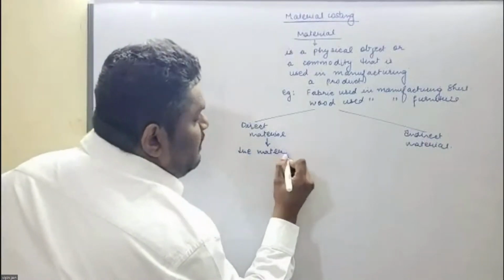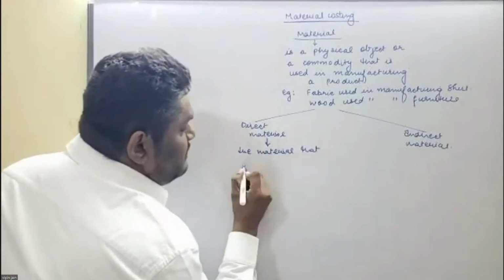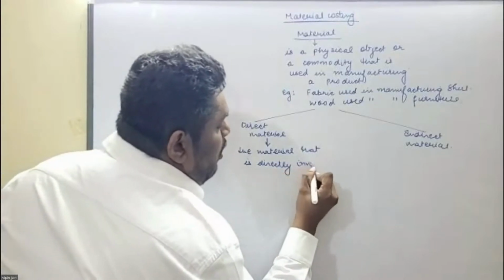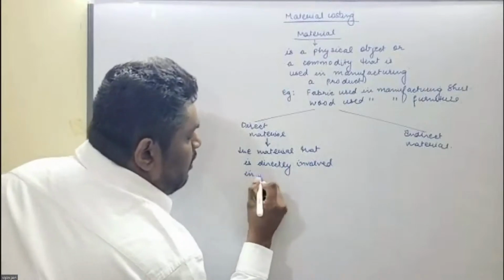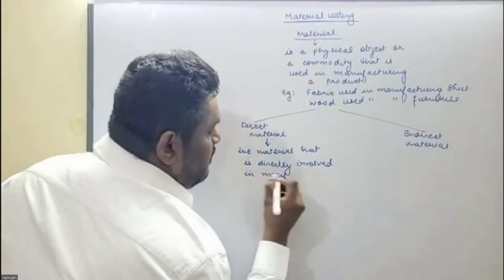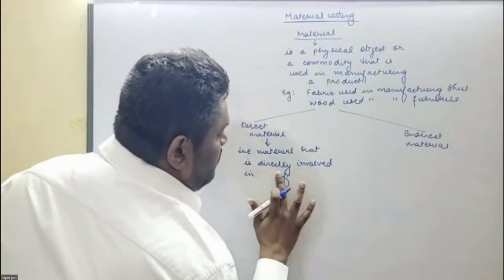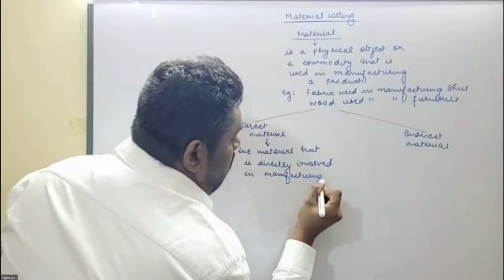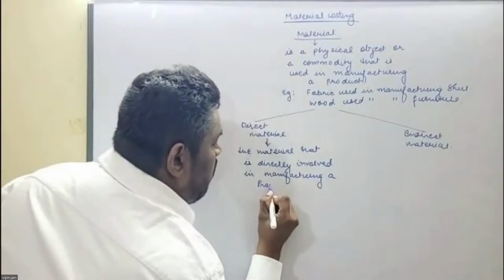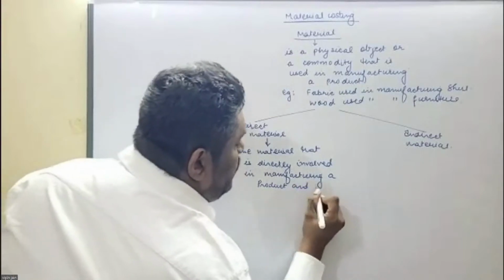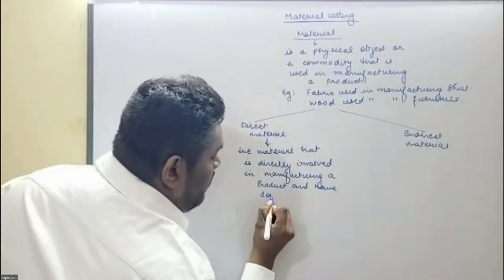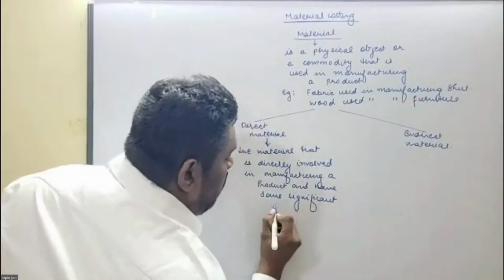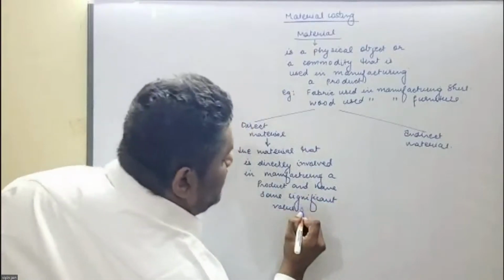What is direct material? The material that is directly involved in manufacturing a product and have some significant value is direct material.